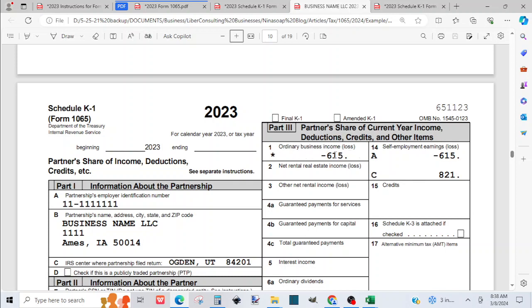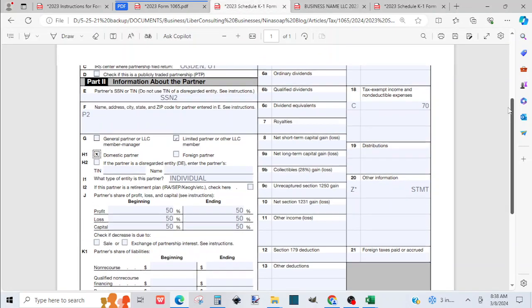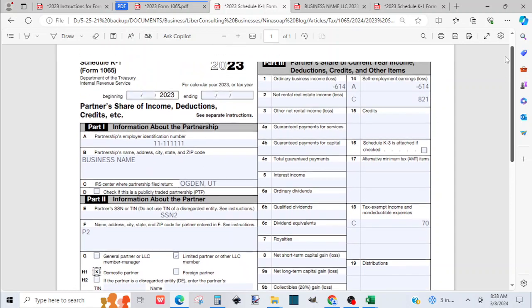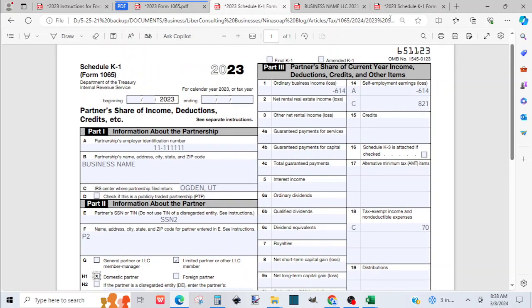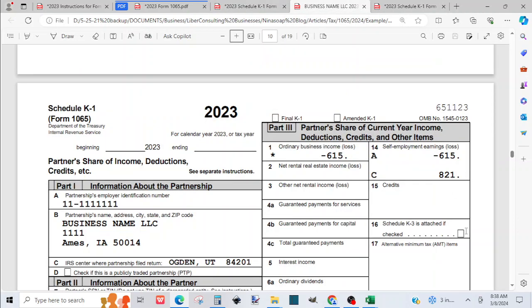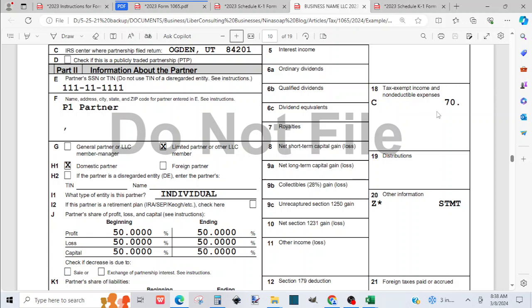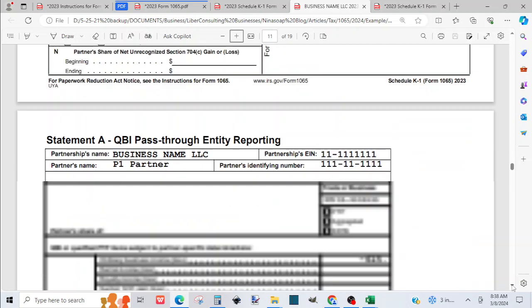And so in the breakdown for 14 with code A and C, we have that, and then we'll go to 18C, and then line 20, Z star.